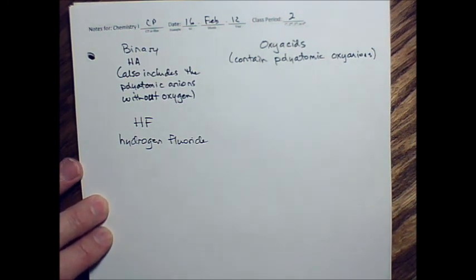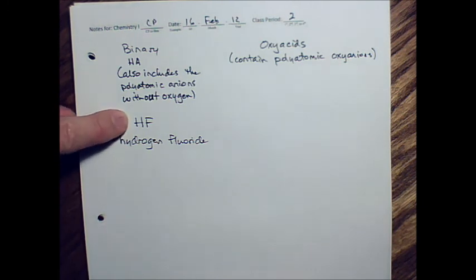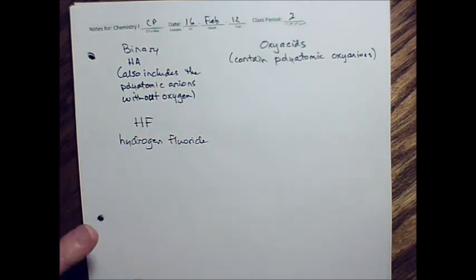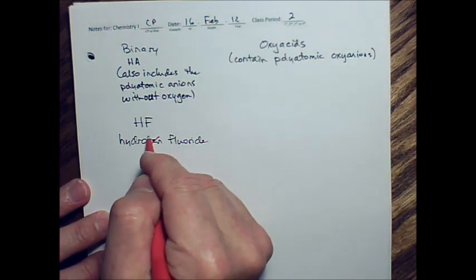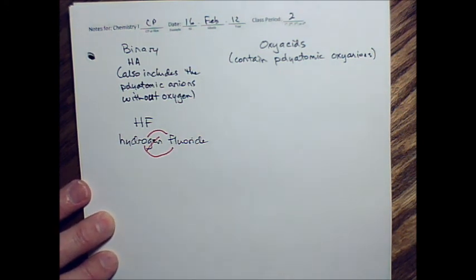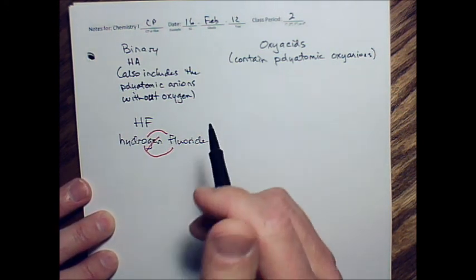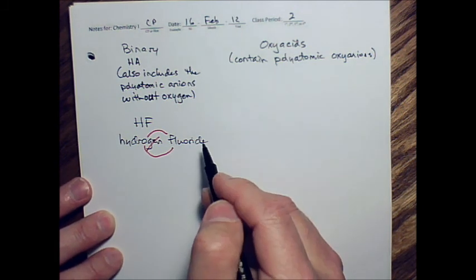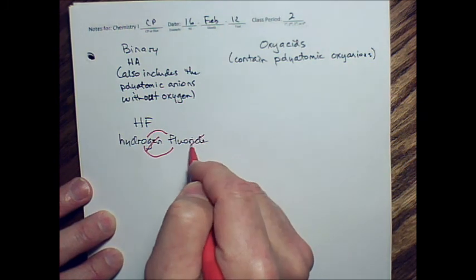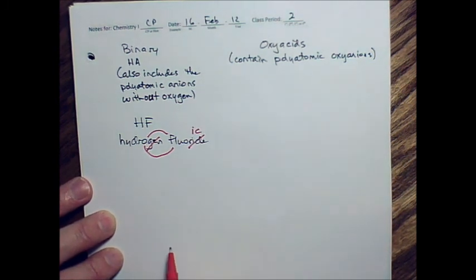Okay? Now here's how we name binary acids. Remember, binary means two elements, not necessarily just two atoms. The way we do this is we're going to drop the "gen." Okay? We're going to drop the "gen." And we're going to change the "ide" ending to "ic."